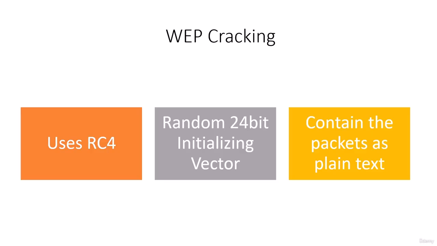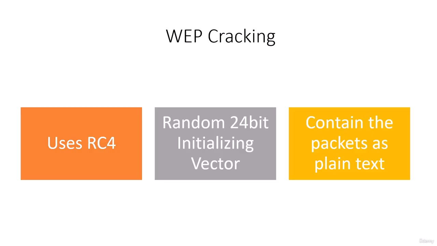Then the client has the key, so the client decrypts it. In the same way, when the client sends a packet, it encrypts it and sends it to the air, and the access point then receives it. The access point has the key, so it will decrypt the packet.